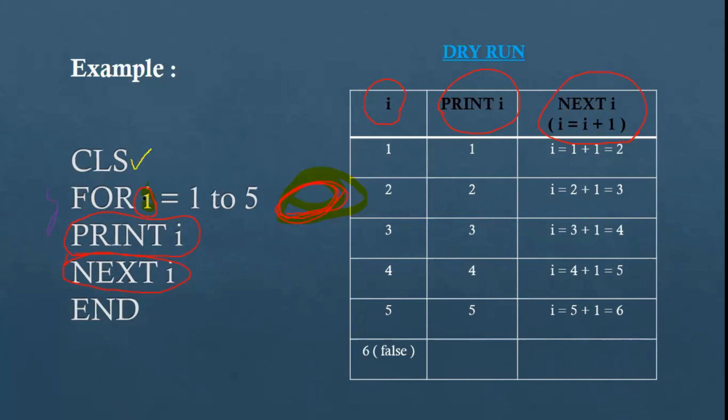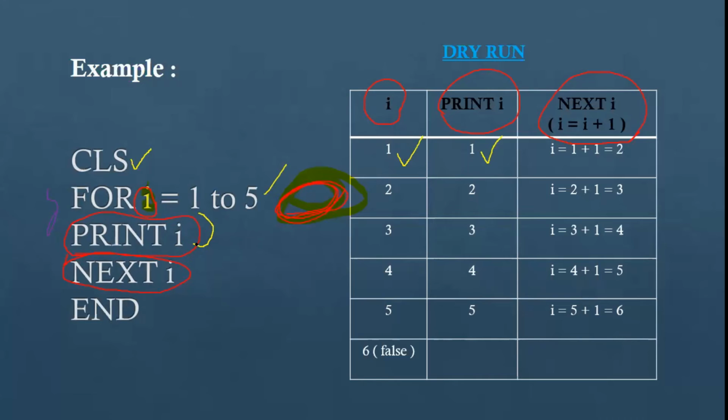This for I, value of I is 1 to 5. That means value of I is 1. This is checked. Value of I is 1. Done. So the starting value is 1. We have written here 1. After that, our program will move to the next step. Now in the third line, there is print I. What is the value of I? You see here, value of I is 1. So 1 is printed.